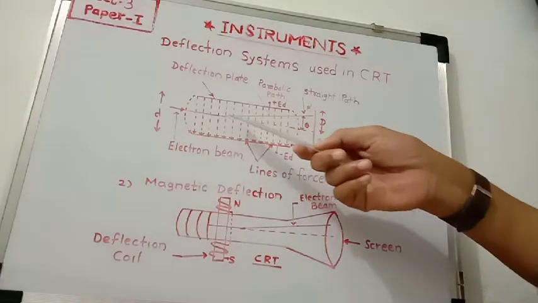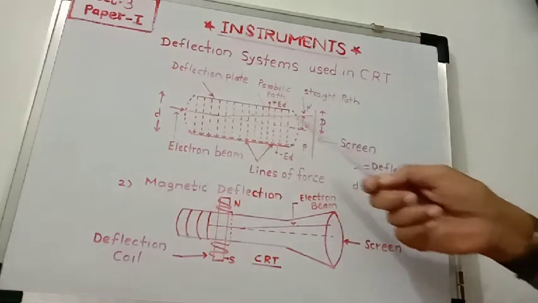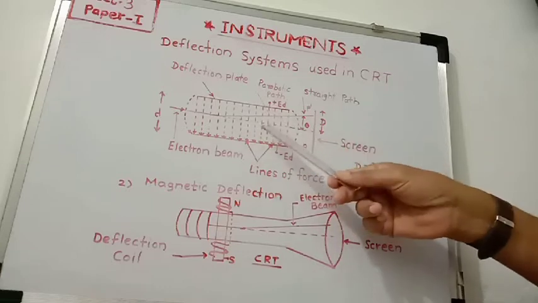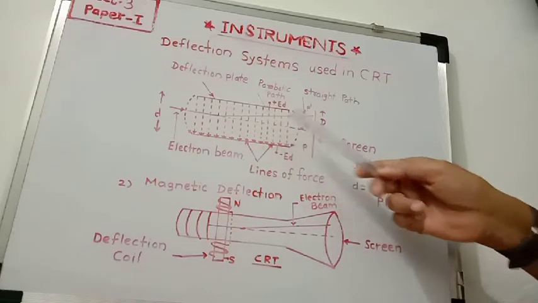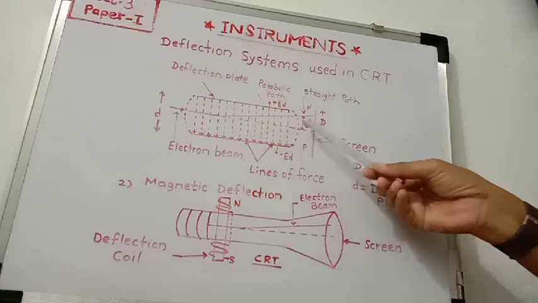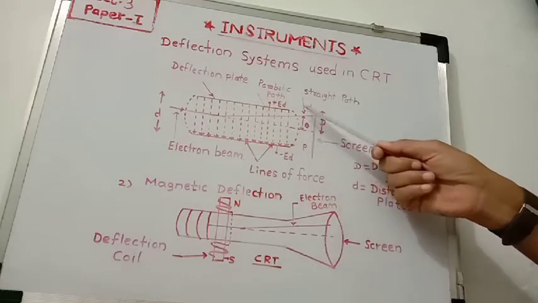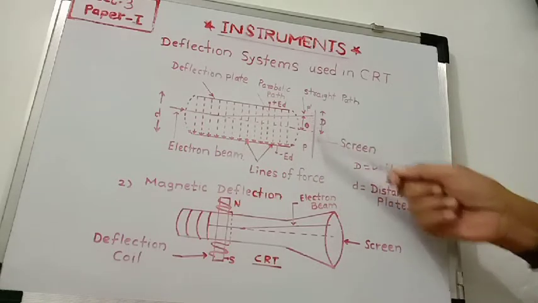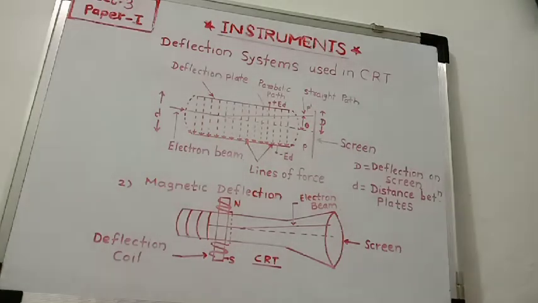Then the electron beam emerges out and travels in a straight line towards point P dash on the screen.